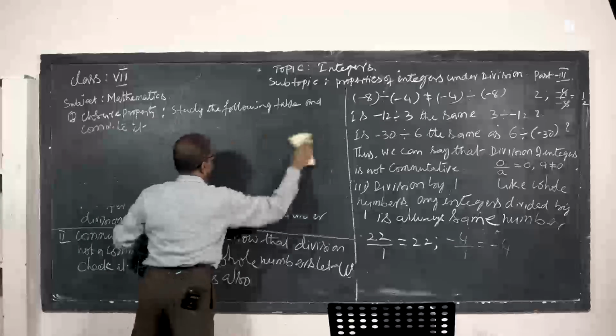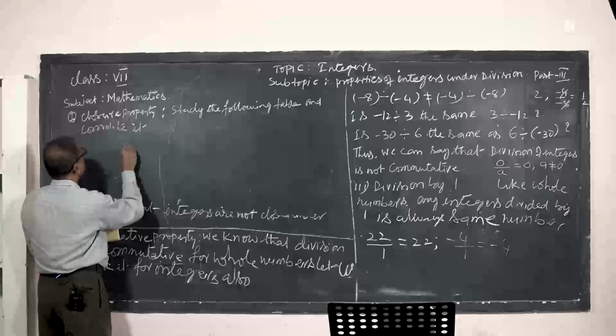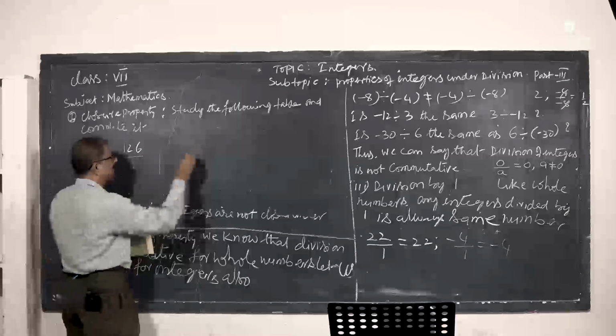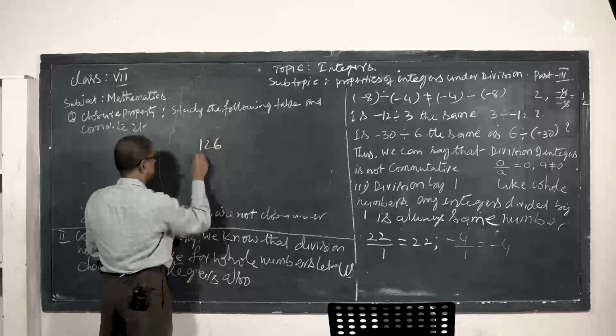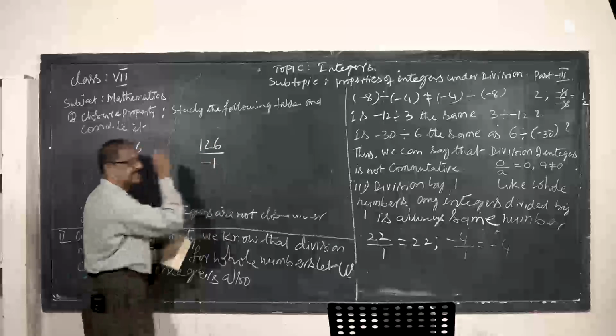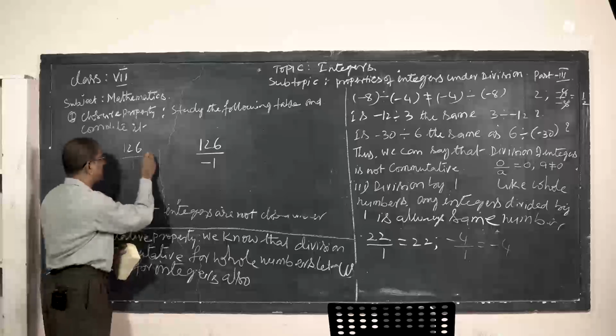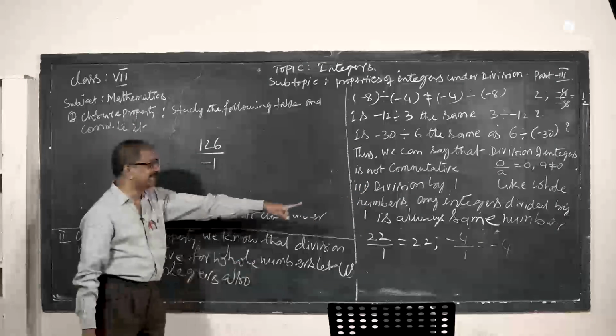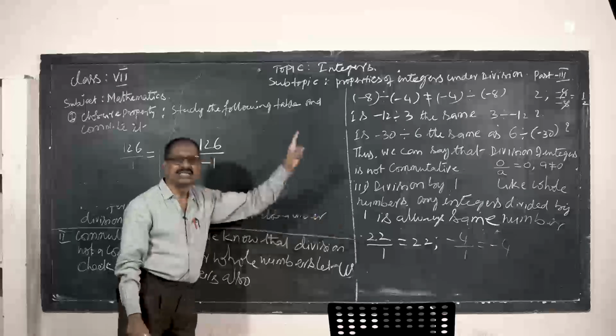So we'll take any number, say 126, divided by 1. Same number, I'll also divide it by minus 1. What is our definition? When divided by 1, the quotient is the same number.